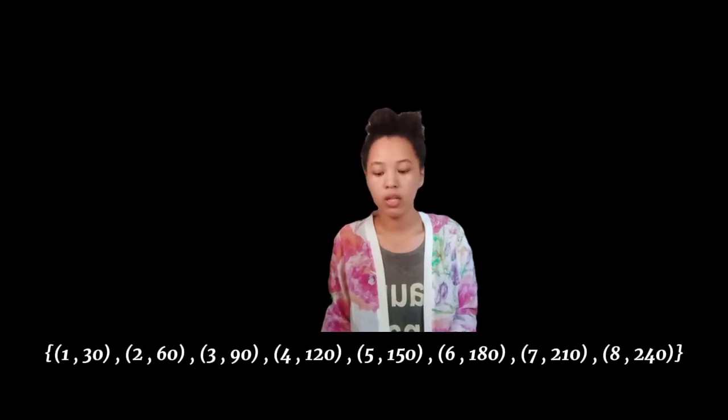1 and 30, 2 and 60, 3 and 90, 4 and 120, 5 and 150, 6 and 180, 7 and 210, and 8 and 240. Here, we see the set of ordered pairs.